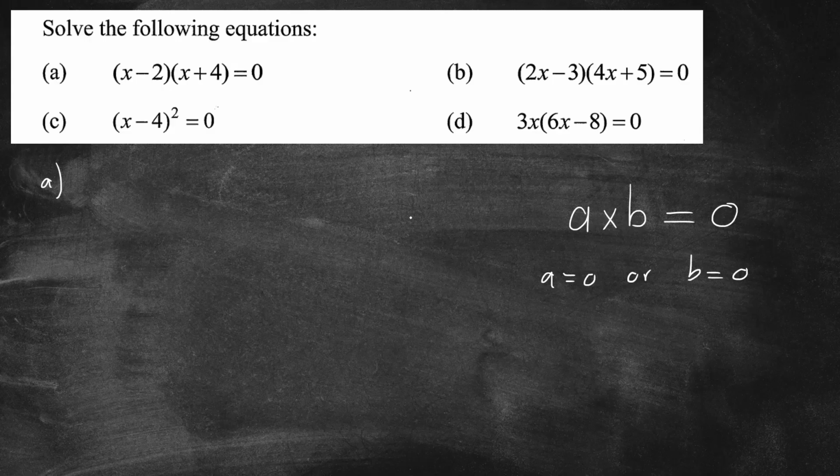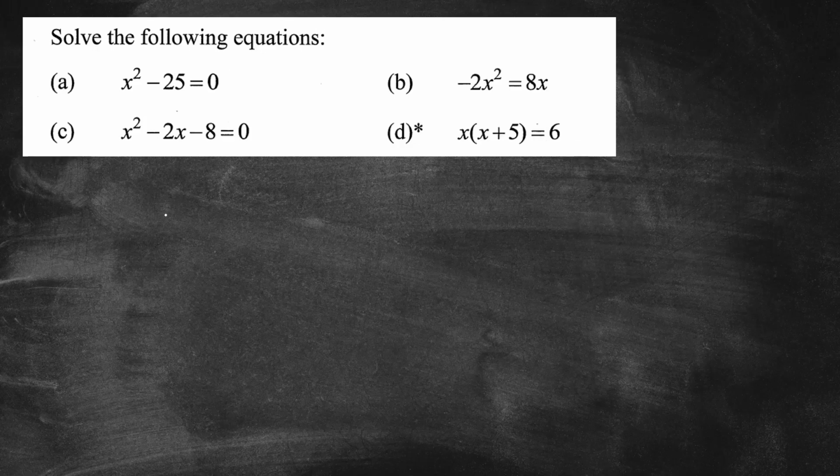And we use this principle to solve quadratic equations. So we factorize them, and then we say, okay, either this factor must be equal to 0 or this factor must be equal to 0. And that allows us to solve quadratic equations. Now, quadratic equations have two solutions. When it's not in factored form, you'll see a term with x squared somewhere in the equation, and that indicates that it's a quadratic equation and there will be two solutions.